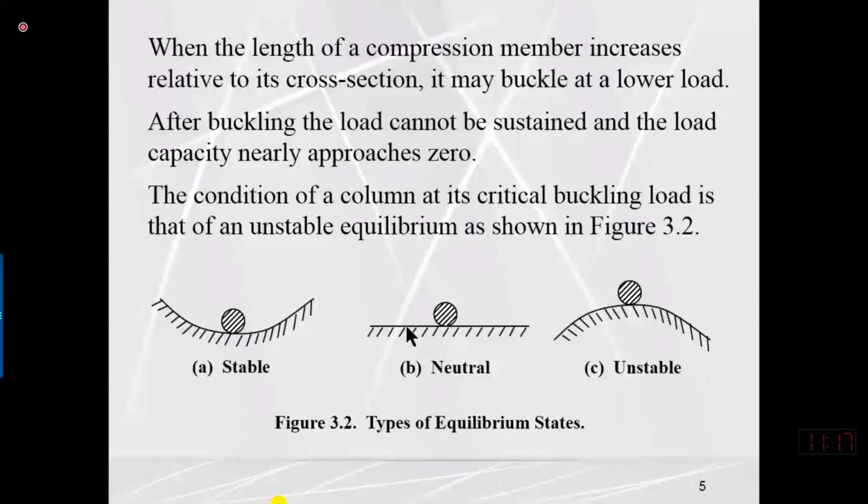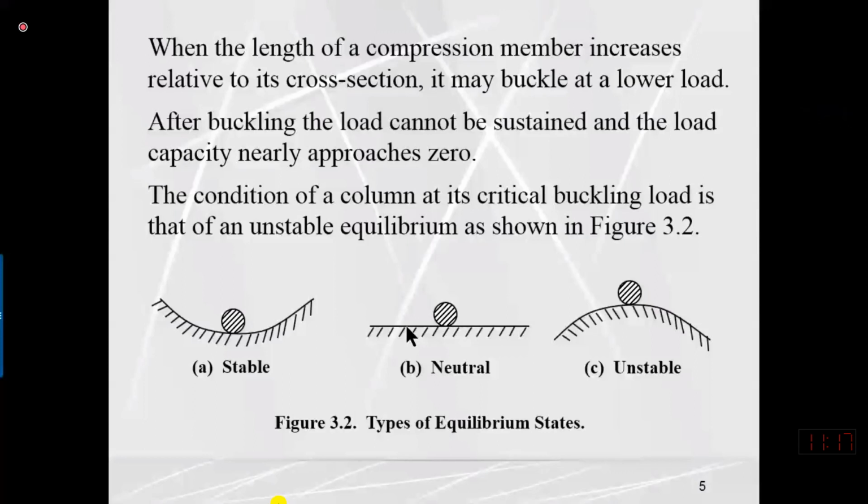At that particular load value, which is referred to as P critical, the column is slightly deflected in lateral position. And this stage is referred to as neutral equilibrium. If my load is less than P critical, and I remove the load, the column will come back to its original position and all the stresses within the member become zero.